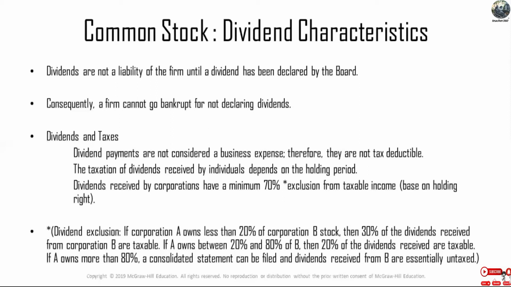The rest, 70%, is tax exempted. So for this tax advantage, sometimes the investor's main choice is to invest in shares for dividend payment.